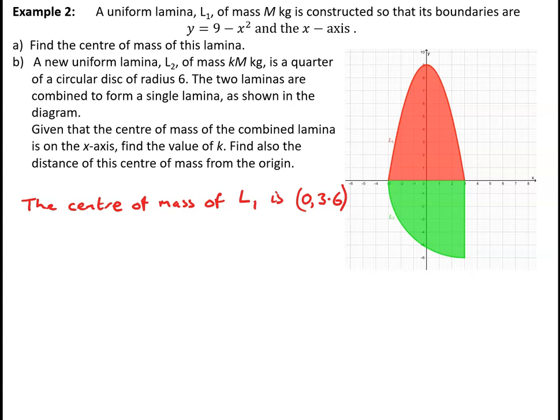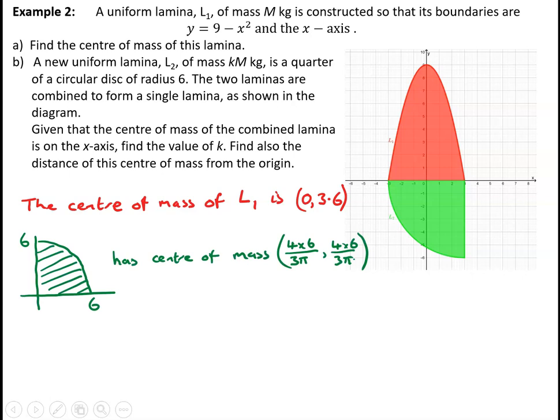We know that the centre of mass of L1 is the point (0, 3.6). And we know that a quarter circle like this has a centre of mass which is 4 times r divided by 3 pi. In this case it's 24 over 3 pi, in other words 8 over pi.